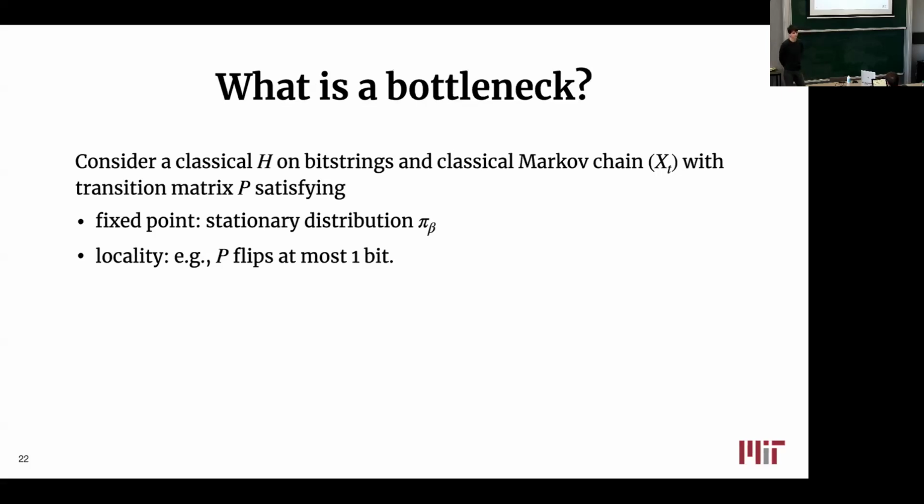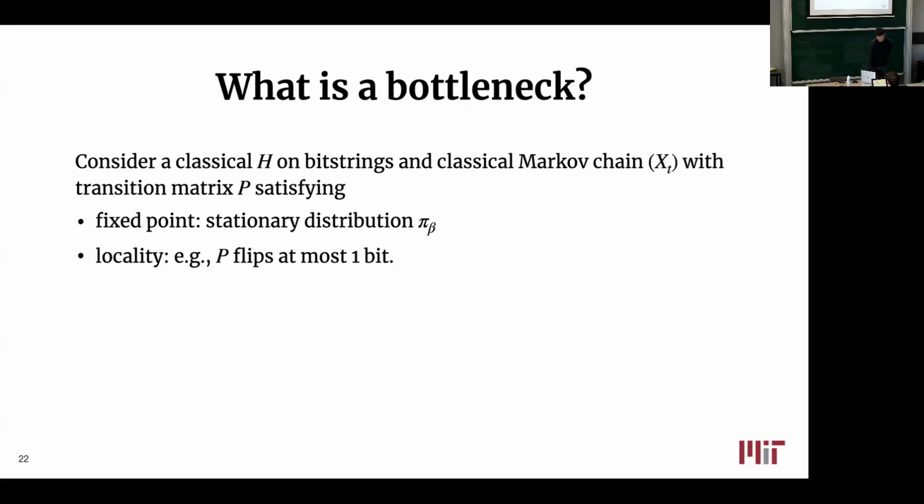Let's say I have a Hamiltonian that's just defined over bit strings, diagonal in the computational basis, and a classical Markov chain that has associated with it some aperiodic irreducible transition matrix that satisfies two things. It has a stationary distribution, that's the Gibbs distribution, and it's local, like it flips at most one bit. This is kind of how your standard Metropolis-Hastings algorithm looks.